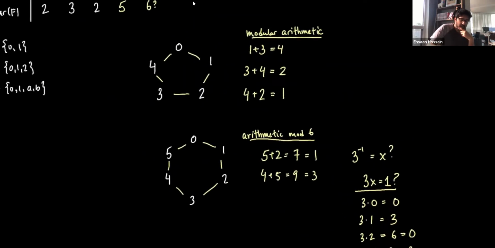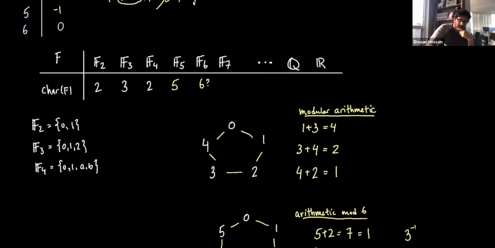So if I go back up to that chart we were doing earlier, this isn't even a field. So maybe we'll get to Q and R later. Wait a second. Some of these aren't even fields. Which ones aren't fields? That's all messed up, right? How about F8? How about F9? I could be lying to you about any one of these now.